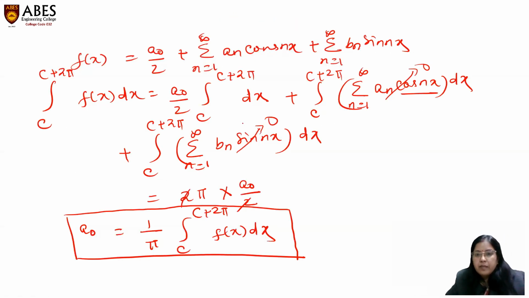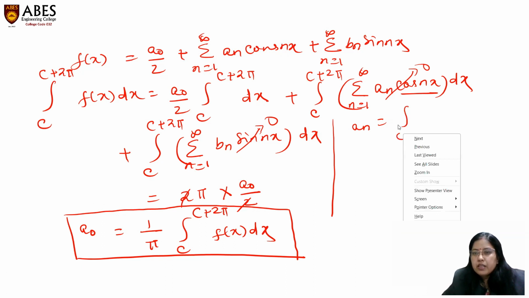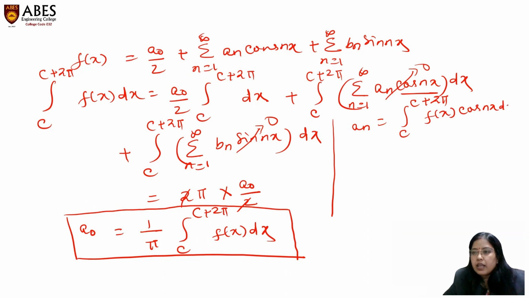If we multiply both sides by cos nx dx and integrate, we get an is equal to 1 by pi integral c to c plus 2 pi f(x) cos nx dx.